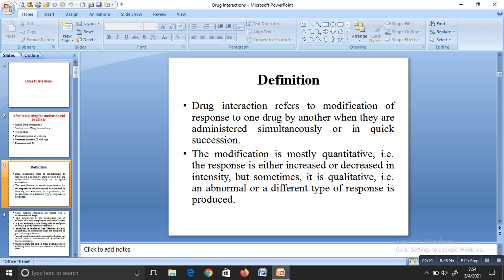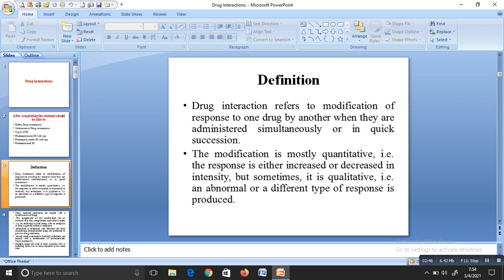This term you should remember: modification of response to one drug by another when they are administered simultaneously or in quick succession.